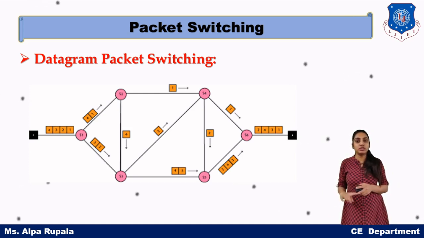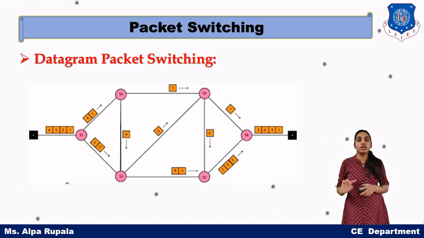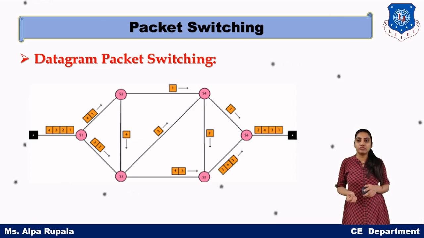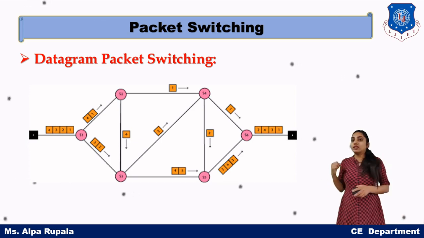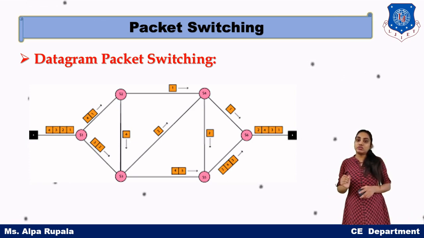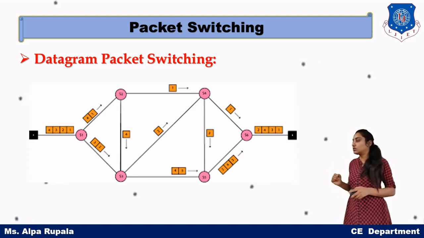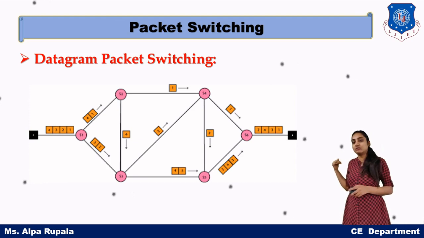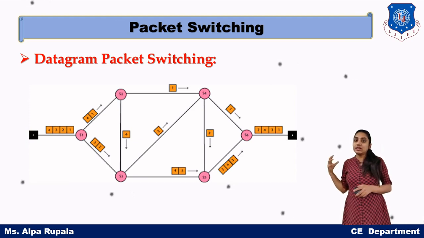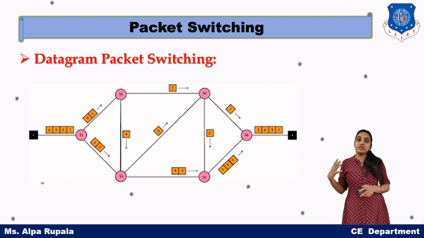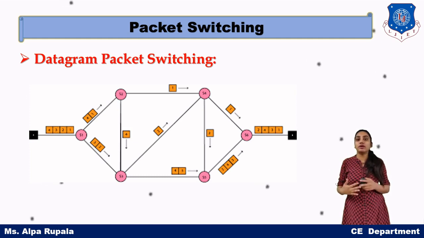Store and forward is there, but it is used only when there is very high traffic, or when traffic congestion is very high. So this fundamental is known as datagram packet switching. But what is the disadvantage of datagram packet switching? You can see over here that at the receiver side, at B, the data being received is not in proper order.